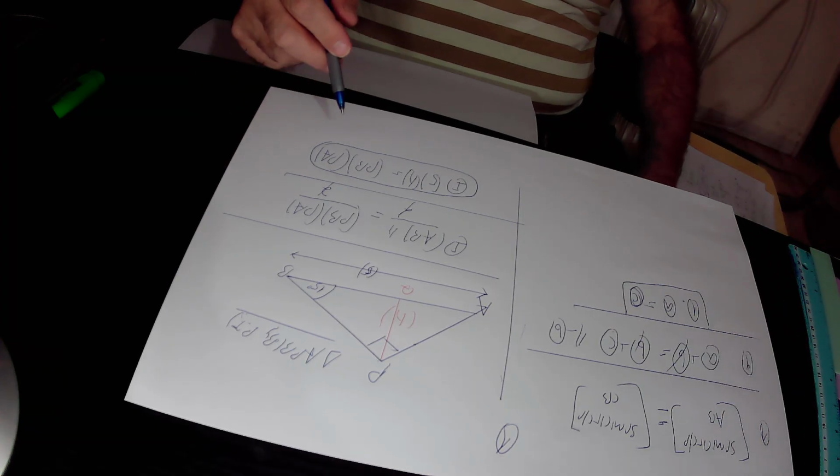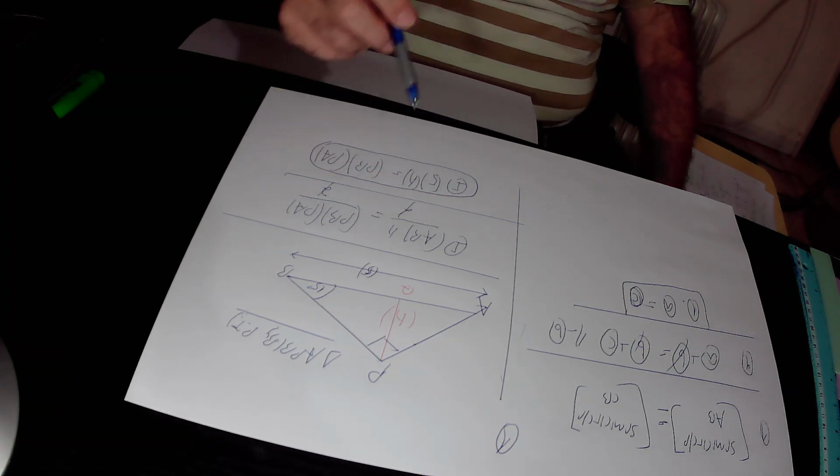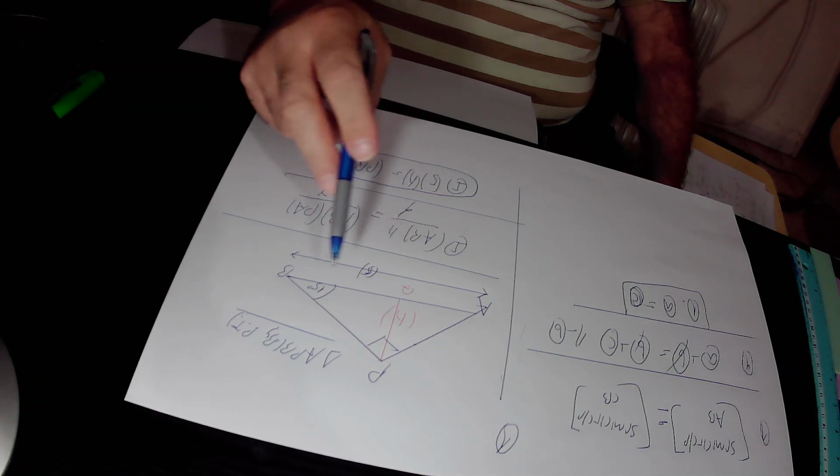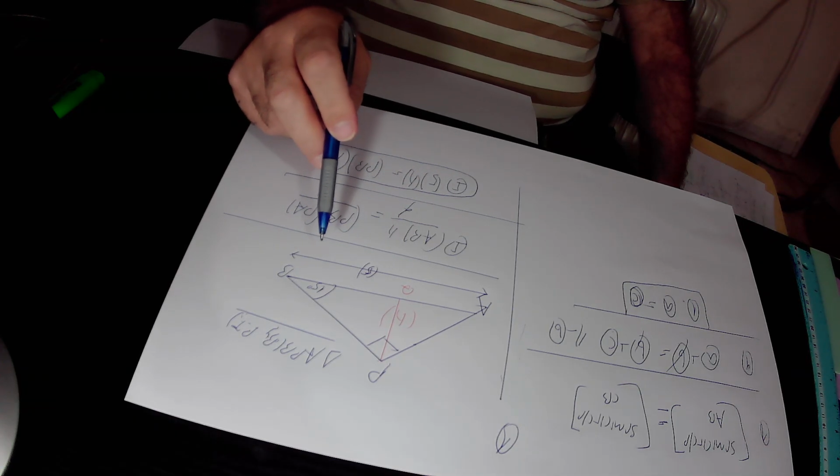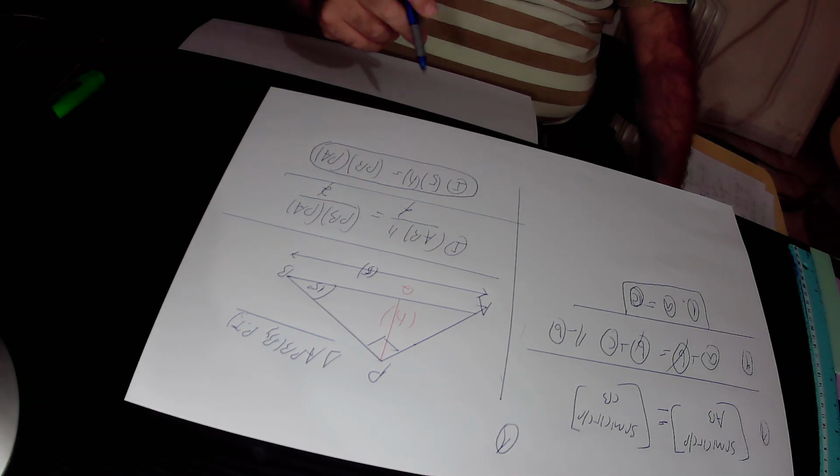We will continue to focus on this right triangle APB. So copy right triangle APB in the new project. We analyze this right triangle APB.